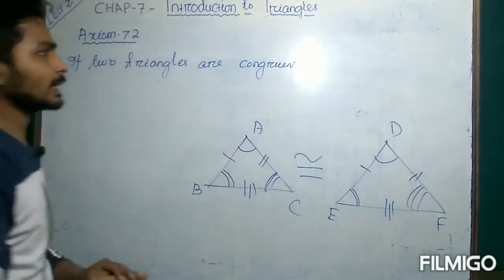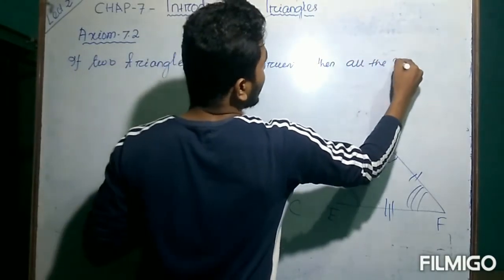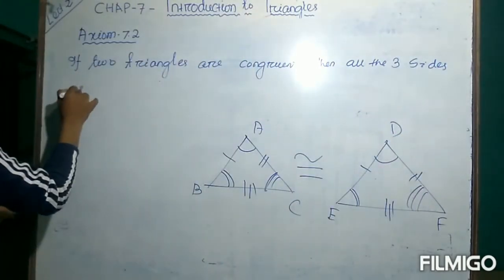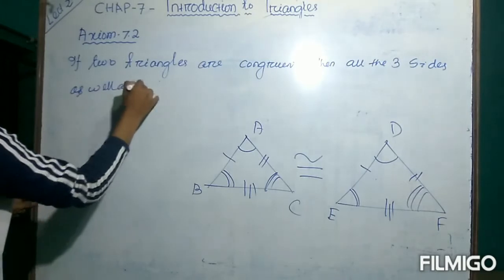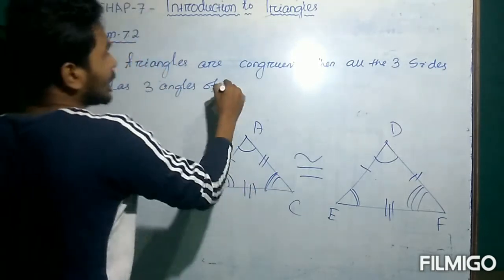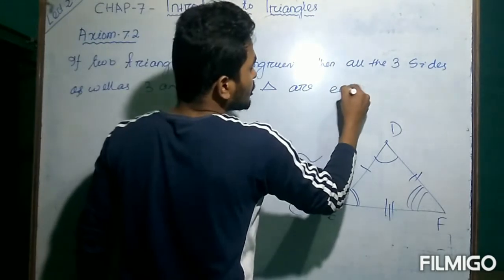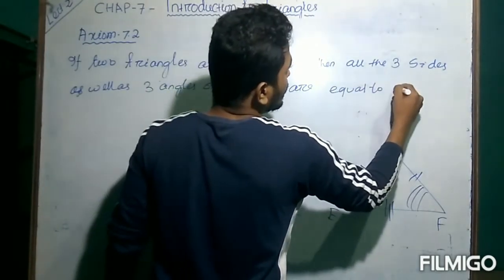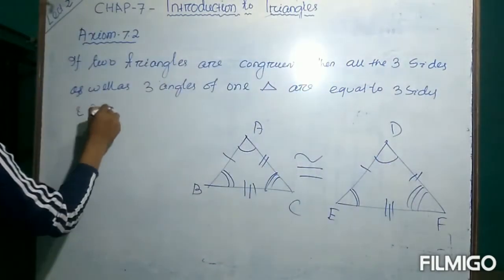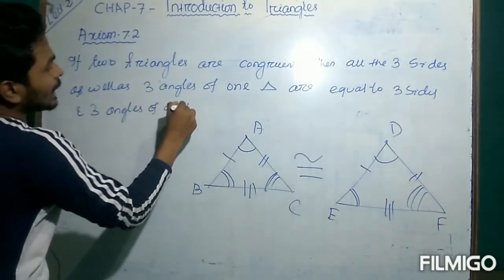If two triangles are congruent, then all the three sides as well as 3 angles of one triangle are equal to 3 sides, 1, 2, 3, and 3 angles of another triangle.